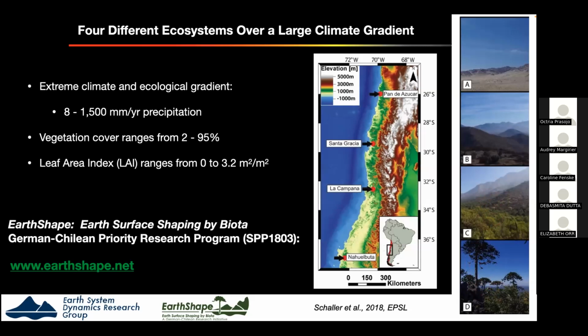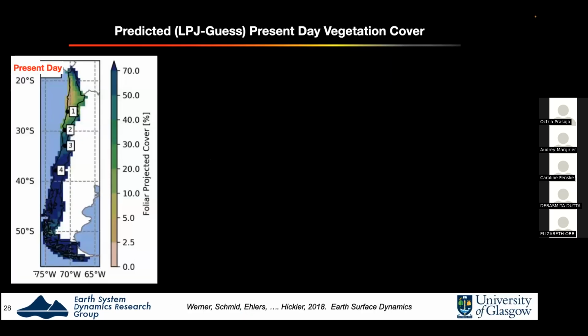Well, we went through climate data. With paleoclimate models, you always end up comparing to present day reanalysis data sets, and I won't show you that because they do fairly well for this part of South America. For vegetation, we ran the LPJ-GUESS vegetation model for all of Chile.